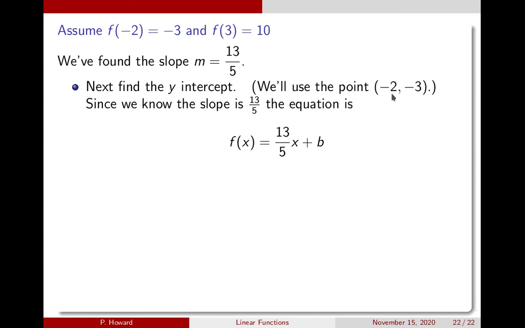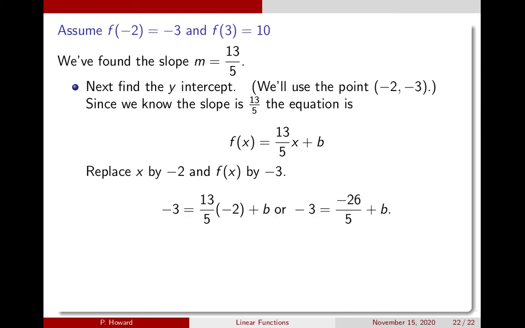And now I'm going to plug in this point. When x is -2, f of x is -3. That's really this first equation here at the top. So we are replacing x by -2 and f of x by -3. So -3 is 13/5 times -2 plus b.